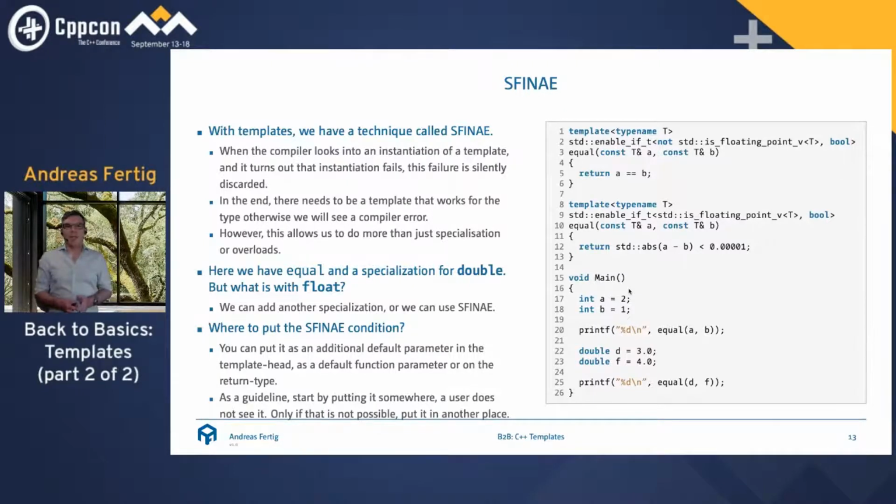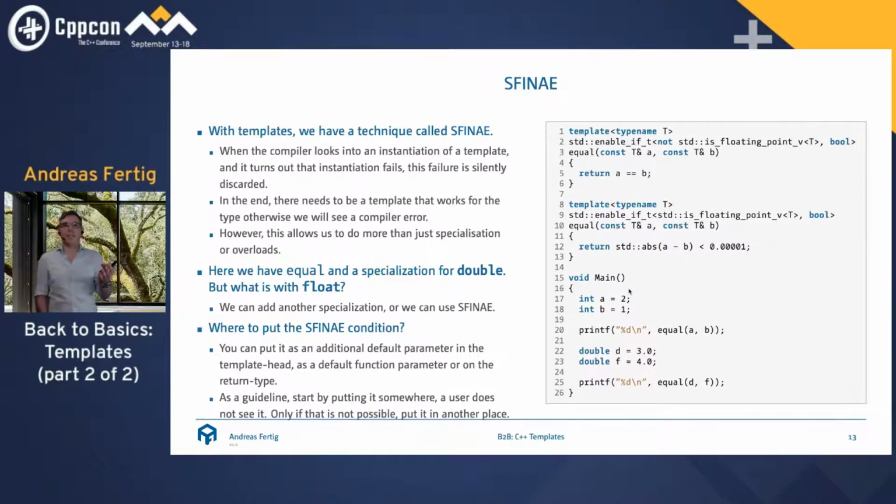SFINAE is active here, and I make use of it with std::enable_if_t, as you can see in line 2 and line 9. And std::enable_if takes two arguments. It takes a condition which is either true or false, and the type that std::enable_if_t yields.